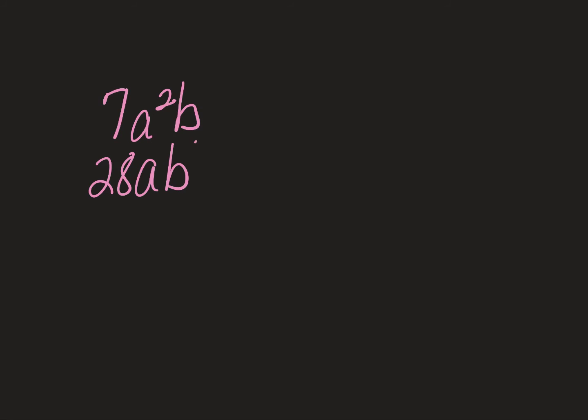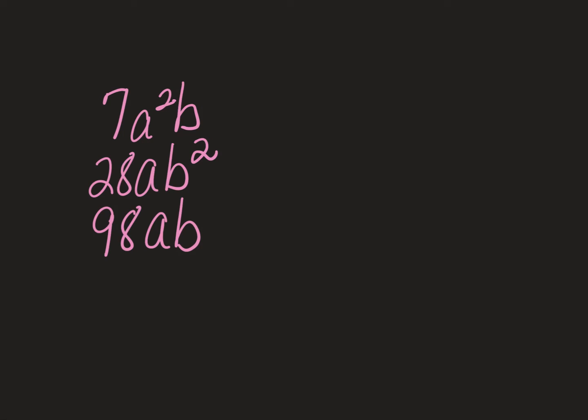This time we're going to be finding the greatest common factors of 3 terms, okay? So let's say we have 7a squared b, 28ab squared and 98ab.